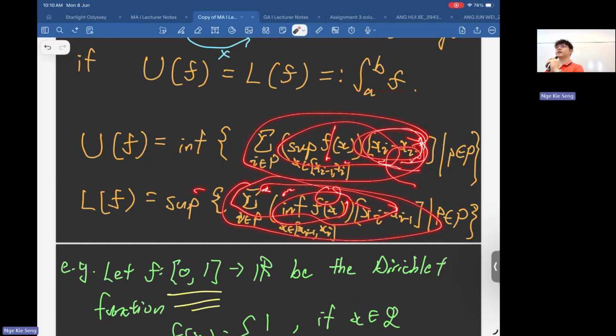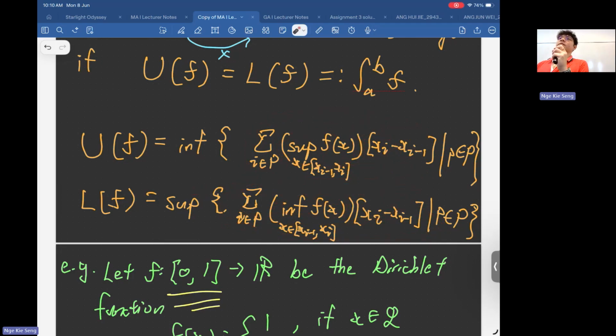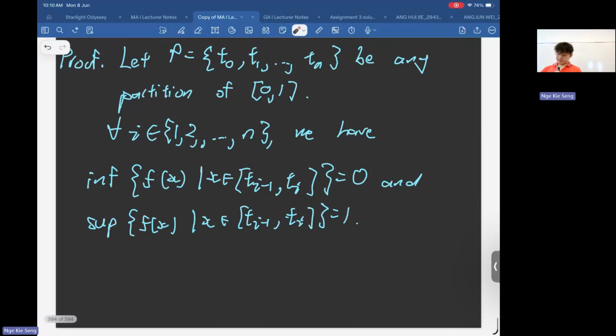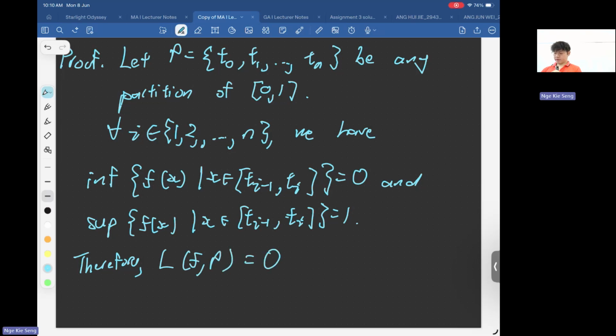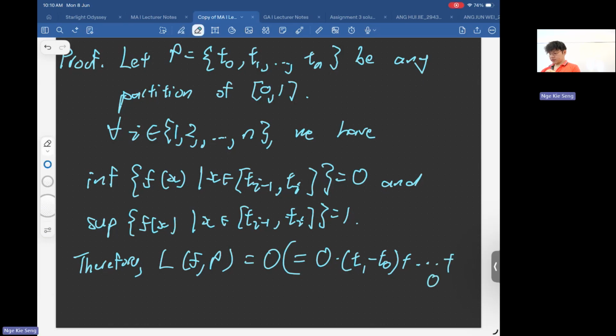So you retain the length of the subinterval, but then what's the total length of your subintervals? You just care about the interval from 0 to 1. So they will always add up to 1. So in this case, LFP is always 0. Maybe you can think of it as 0 times (t1 minus t0), and so on, up to 0 times (tn minus t_{n-1}).